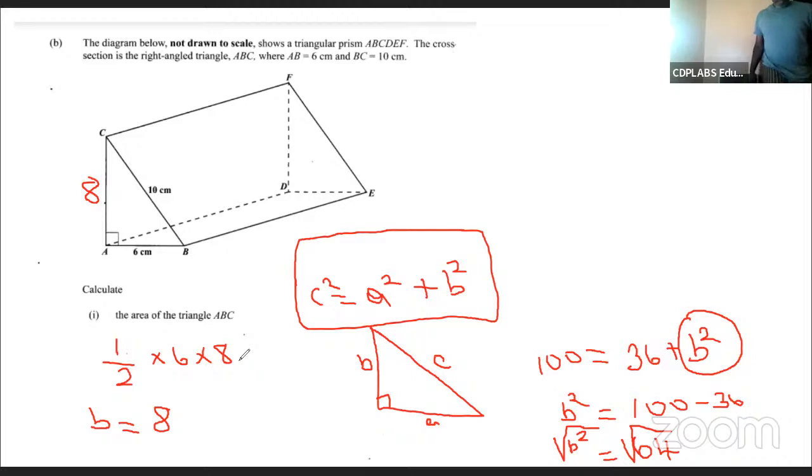What's 6 times 8? 48. Half of 48 is equal to? 24. So the answer is 24 centimeters.